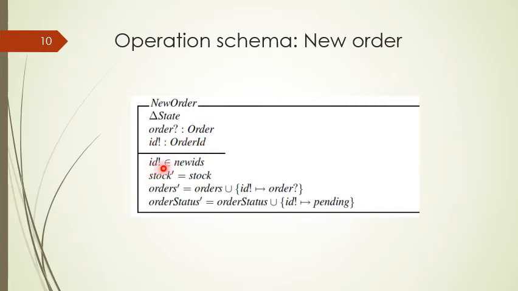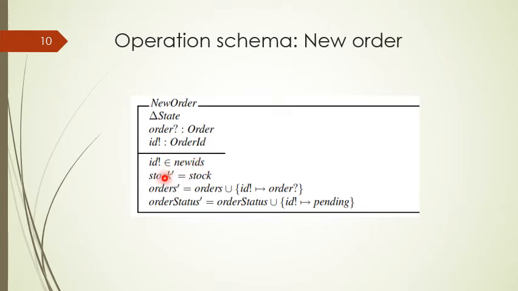The unprimed predicates are preconditions for operation new order, and primed predicates are basically post conditions for the operation. So the only precondition is that the id you are going to assign must belong to the set of new ids.